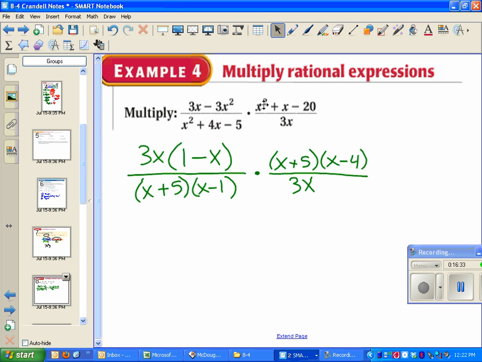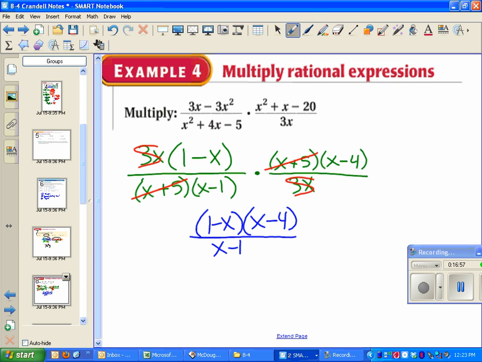So what ones do we have? We have an x plus 5 on the bottom with an x plus 5 on the top. We have 3x. We have a 3x there. So those cross out. And so my answer so far is 1 minus x. Again, I'm going to squish it together. So I squish the top ones together, and on the bottom is just x minus 1.